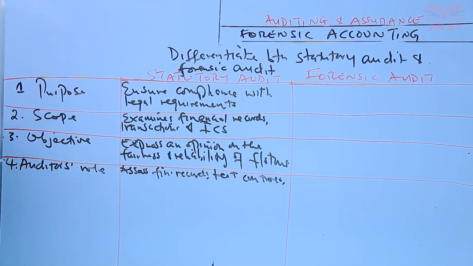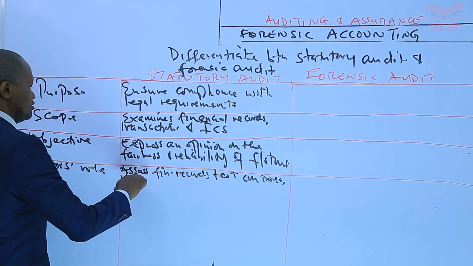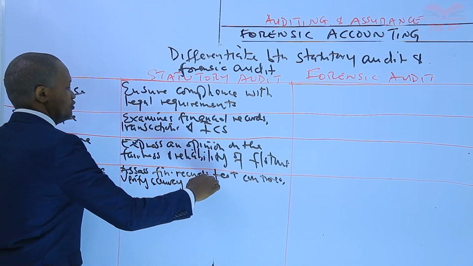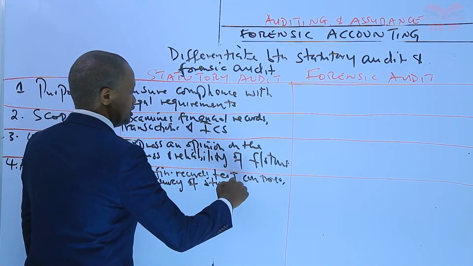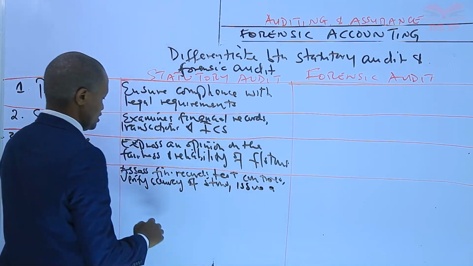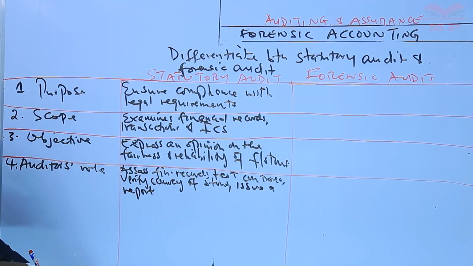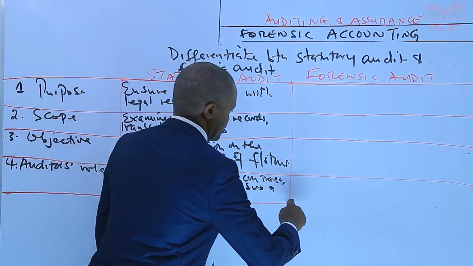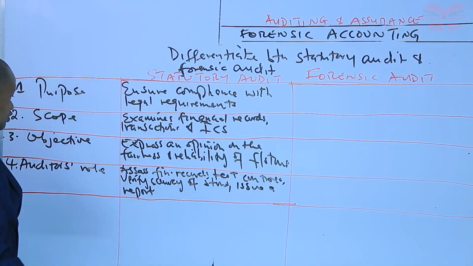An auditor verifies accuracy of statements. Then an auditor is expected to issue a report. That is not the case for forensic audit. That is number 4, auditor's role.